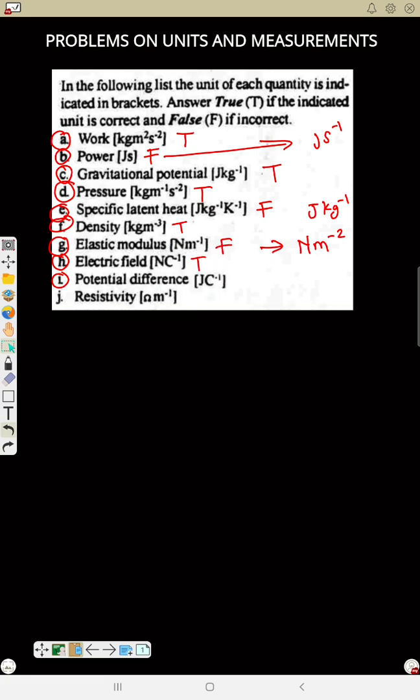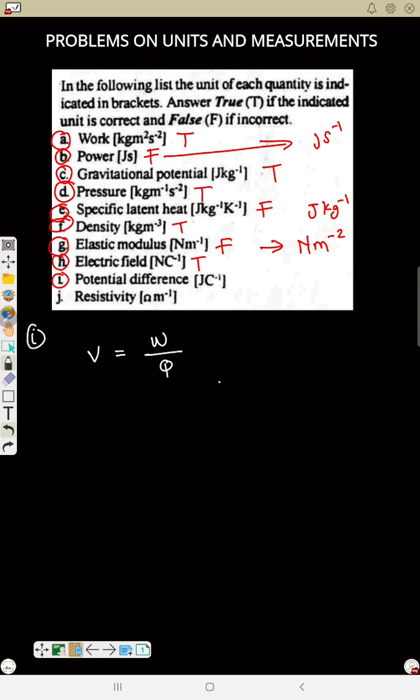Also I, so note that Joule is a unit of work, and coulomb is the unit for charge. So the potential is defined as the ratio of work done to the charge.